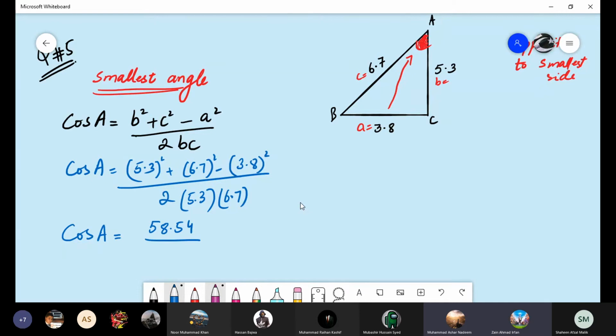It is 71.02. Confirm the values. So how can we find out the value of A? Cos inverse. Take cos inverse of 58.54 divided by 71.02 and tell me the answer for angle A.